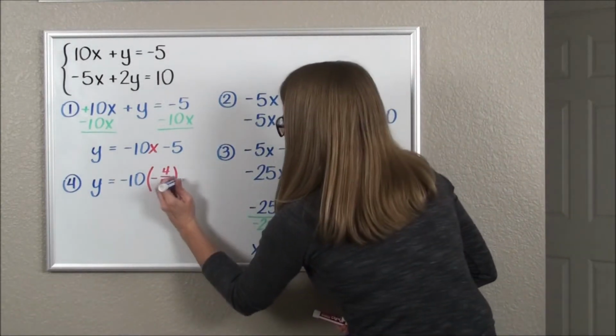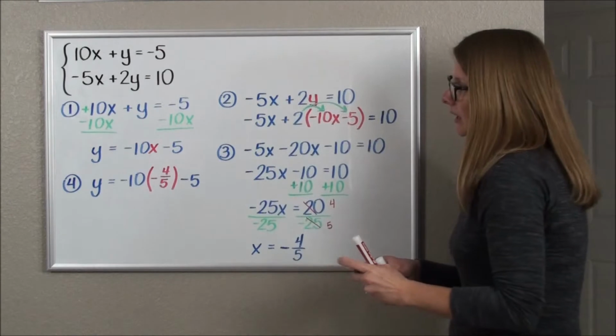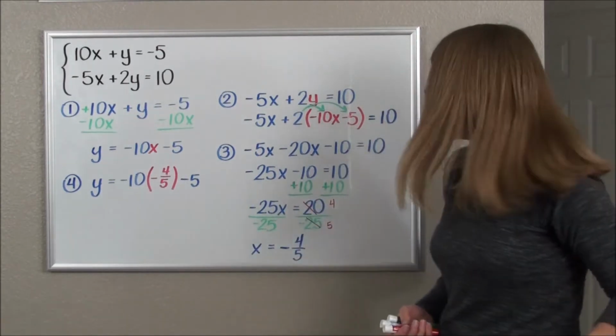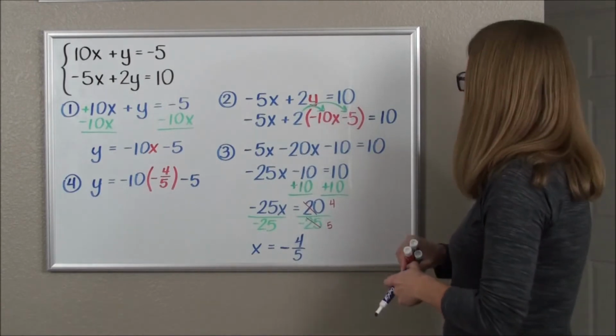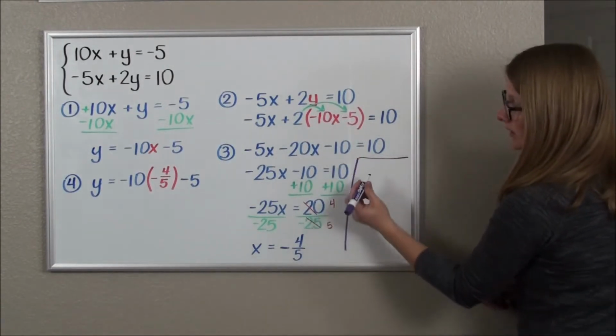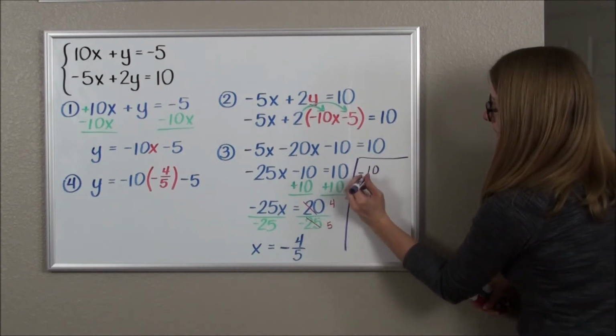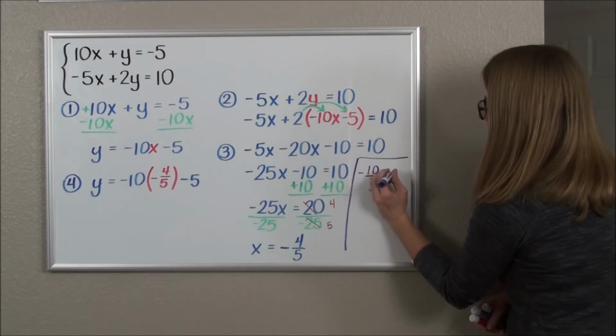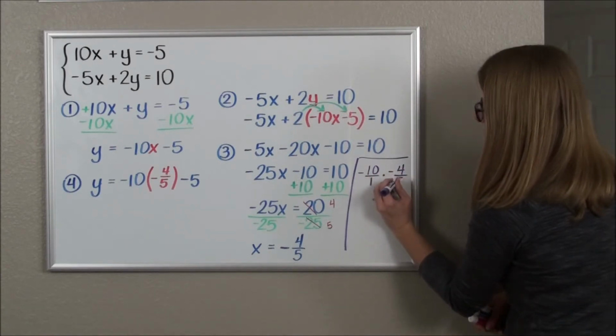And then we subtract 5. Now, when you're mixing whole numbers with fractions, the arithmetic can get a little bit trickier. I would suggest, if you're going to go off to the side to do this, that you write the negative 10 as a fraction, negative 10 over 1. You're going to multiply it by a negative 4 over 5.